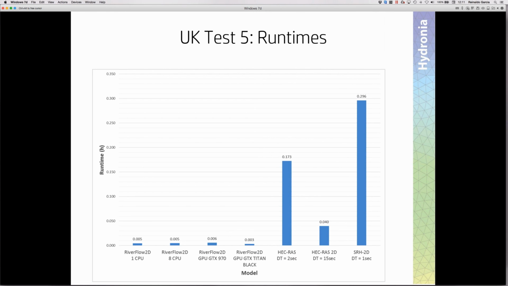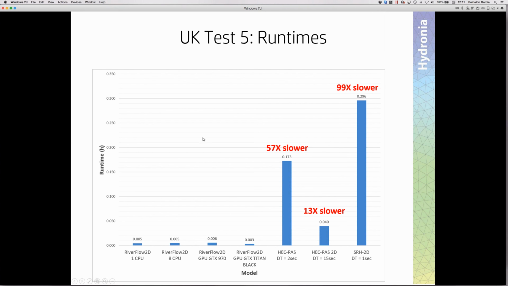Also checking runtimes. So these are RiverFlow2D run on different platforms: without parallelization, only one CPU, with an 8-core CPU, with a medium priced GPU card, with a better GPU card, and then HEC-RAS with 2 seconds, which is the lowest time step we used, with 15 seconds, which was the largest time step we used, and SRH-2D.